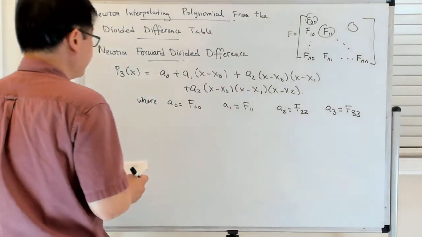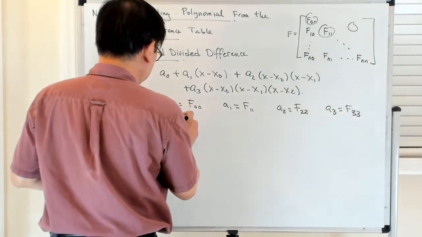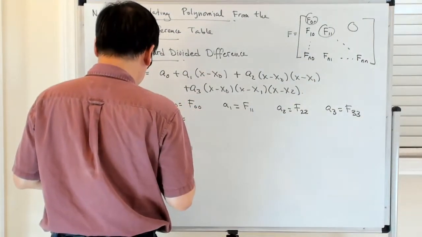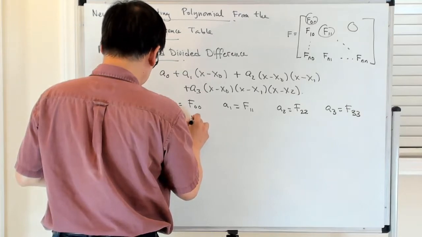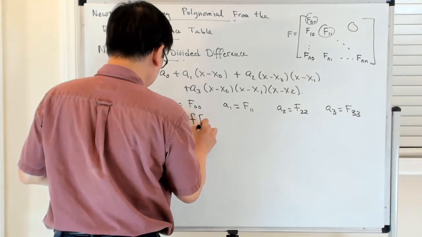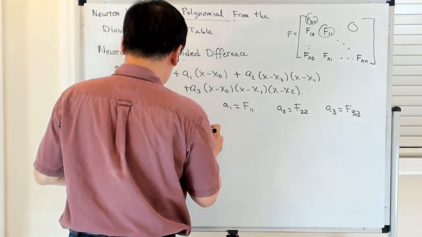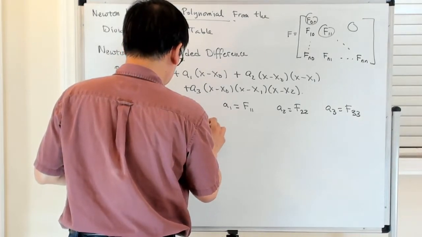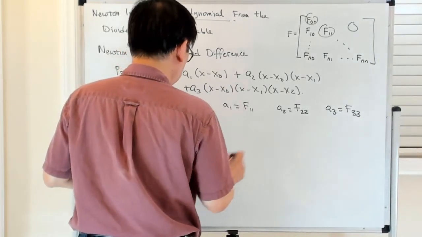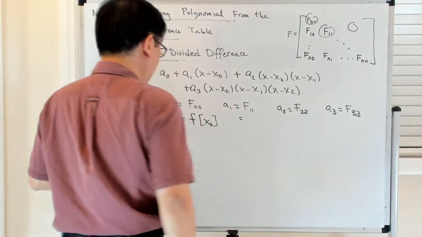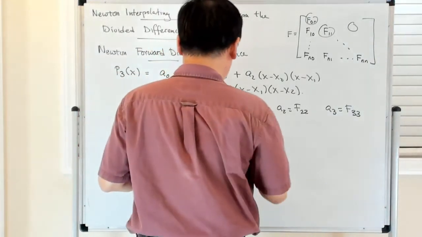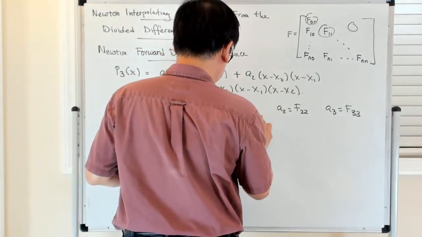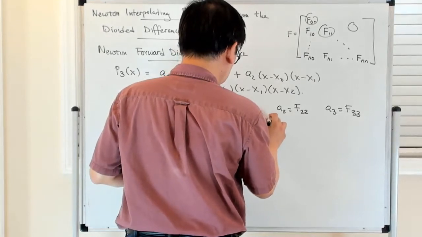And it's perhaps a little more instructive to see what f00 is. f00 is just the divided difference f at x0. F11 is f[x0, x1].